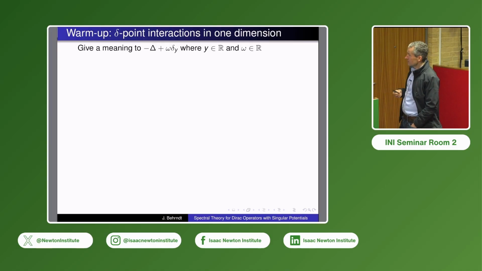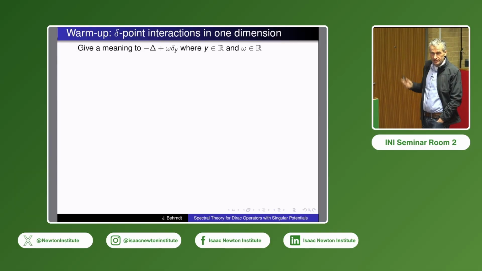So delta is the usual distribution supported at some point y. Omega in front of it is some weight factor, if you wish, which needs to be real. And so you ask how you assign a mathematically rigorous differential operator to this kind of formal expression.